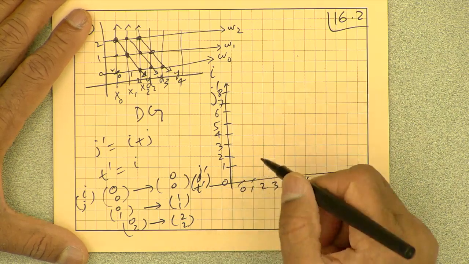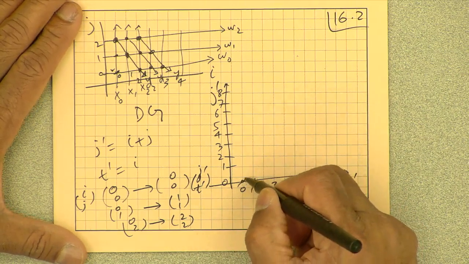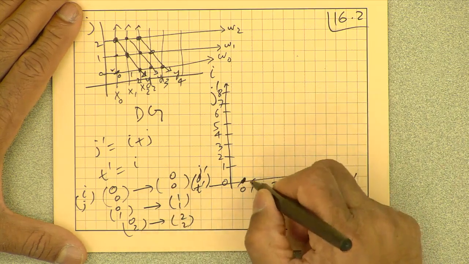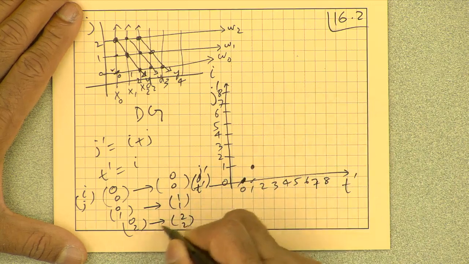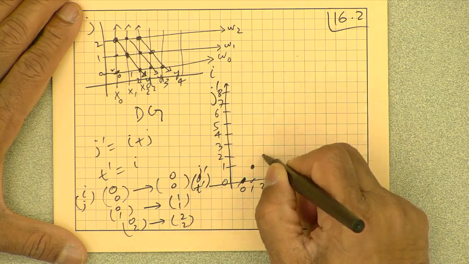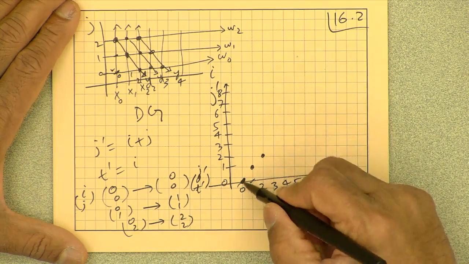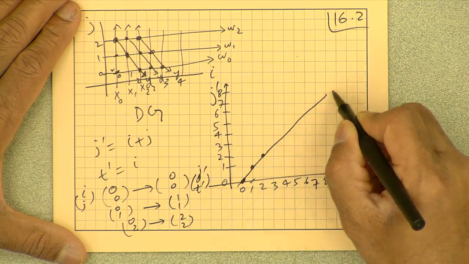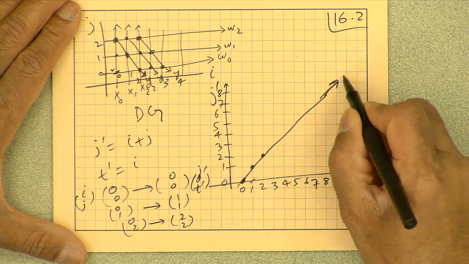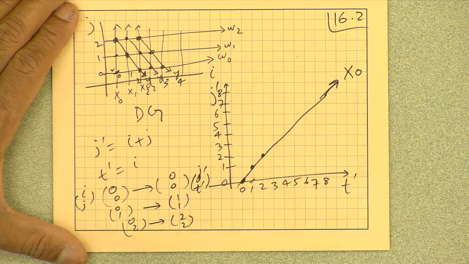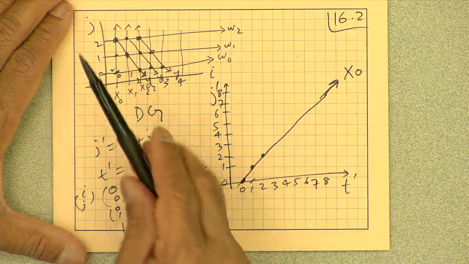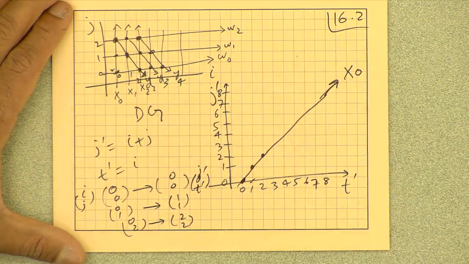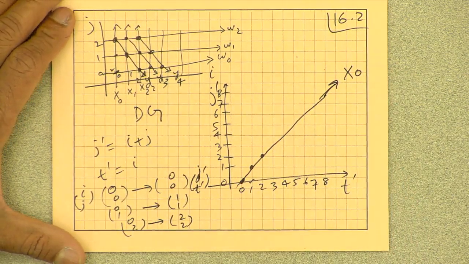So 0, 0 is here, 1, 1 is here, 2, 2 is here. What was x0 going vertically up is now going in that direction.